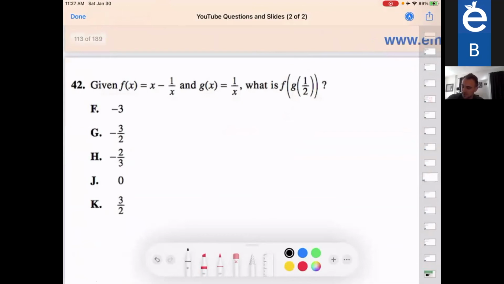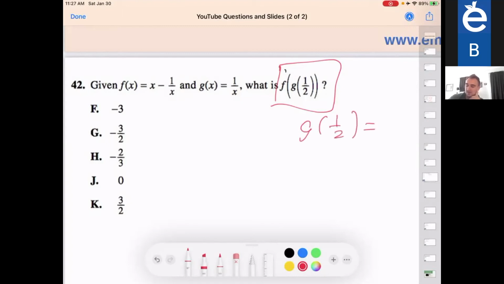So if you look at this term here, they want us to find the solution of f of something, but the f of whatever it is is embedded in something else. So to start, we need to find what g of 1/2 is equal to. To find that, we just plug 1/2 into our g of x equation.